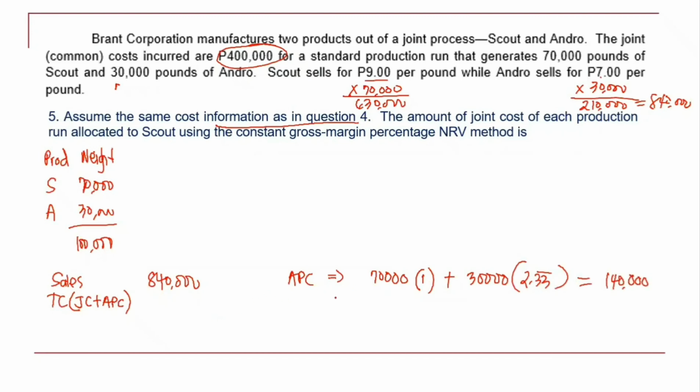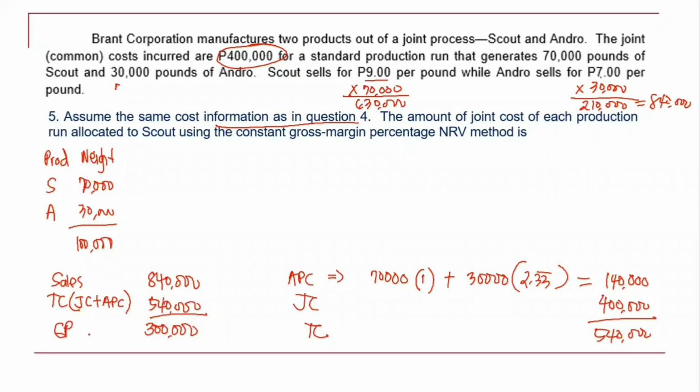Kaya naman, kung ang joint cost natin ay 400,000, therefore, 540,000 yung ating total cost. Ayan. So, yan yung lalagay natin dito na 540,000. Kaya naman, ang gross profit natin or gross margin is 300,000.